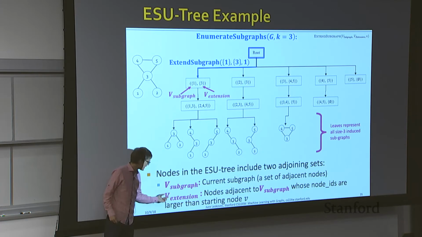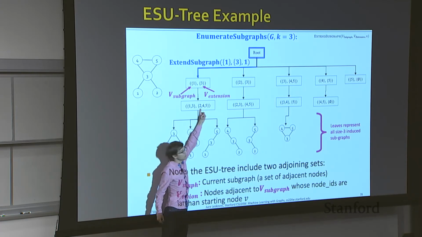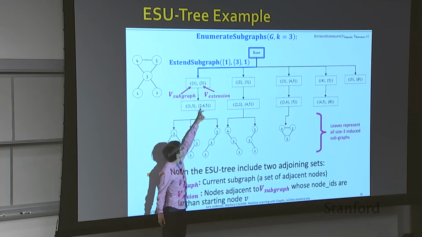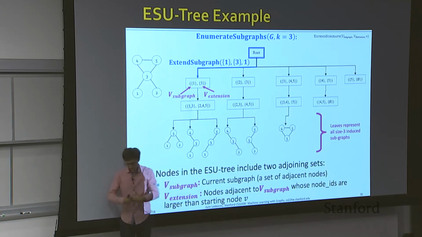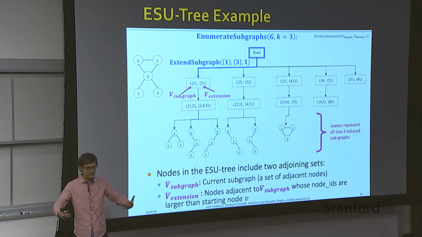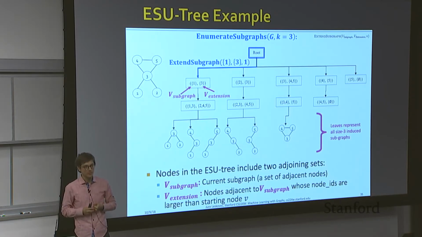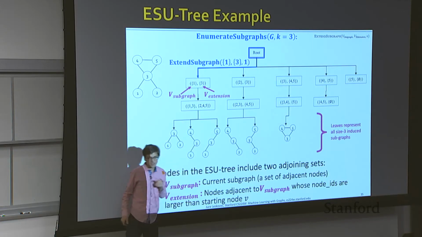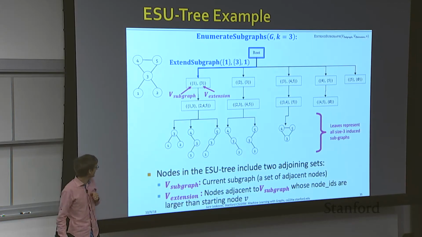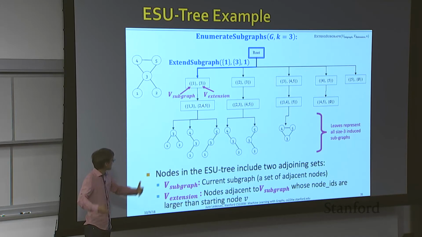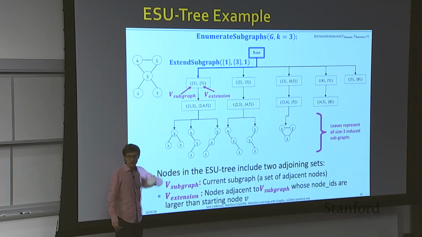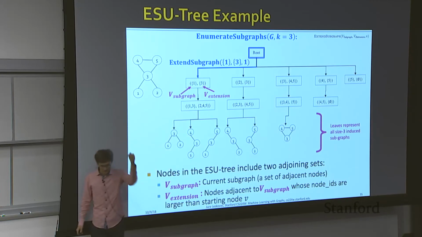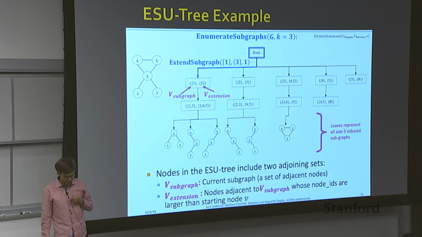I have this V extension that gives me the candidates to which I can create an extension. And at every iteration, I essentially take this thing, move it across, and ask myself, do I have a big enough subgraph, or do I need to keep it growing? And this is the recursive tree of how this algorithm would work. And whenever I generate a graph of size k, I just return it and pop up a level and do another step in the recursion. Okay?